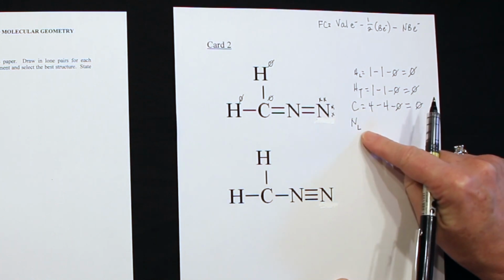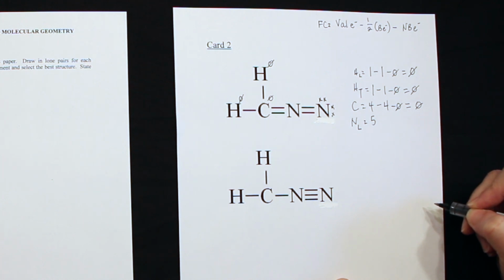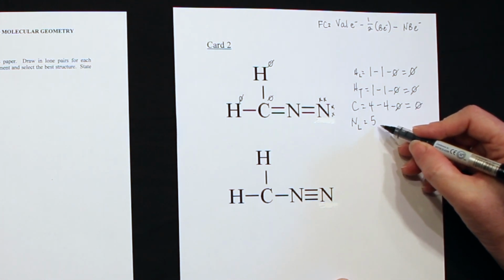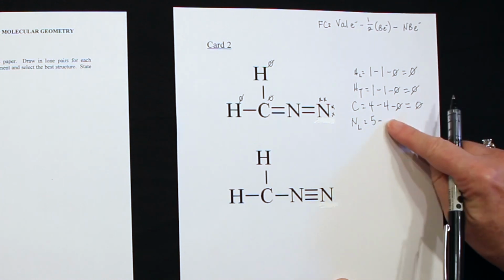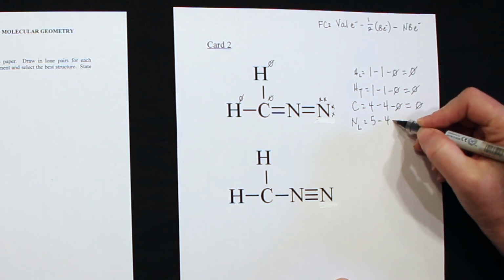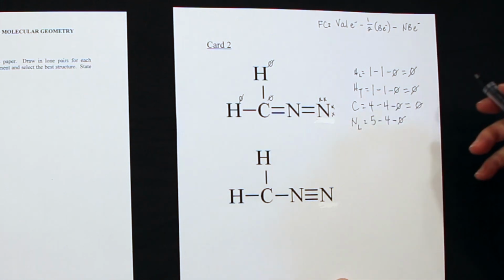Nitrogen, the left one, nitrogen is in group 5. It has 5 valence electrons minus half of the bonding electrons, 4 minus 0 for non-bonding electrons.